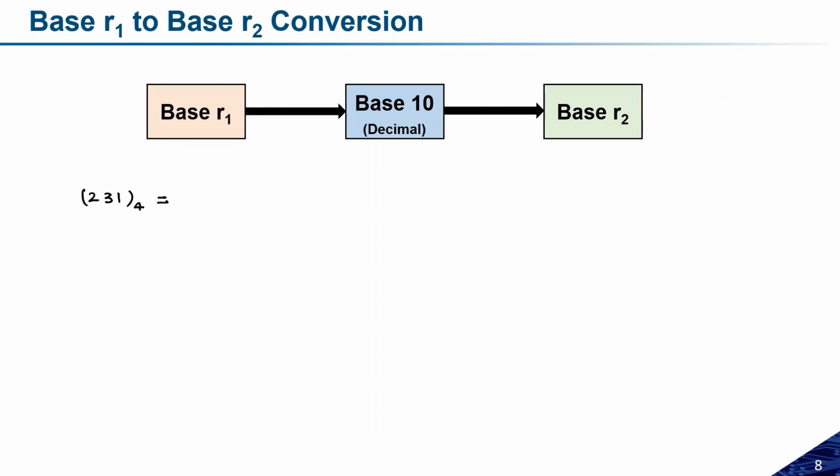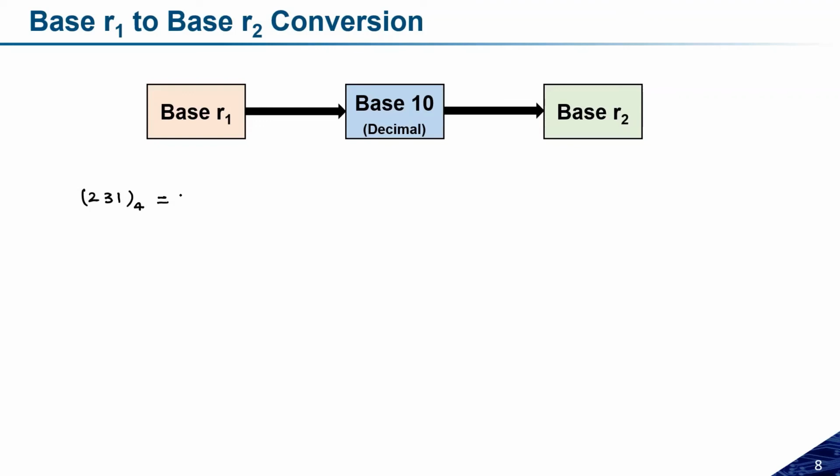Can anyone tell, is this a valid number system representation? Is this valid? Yes, sir. Perfect. Why? Because till 3 it is valid for base 4. Yes, perfect. So the range of the symbols will be from 0 to 3, so 0, 1, 2, 3. So this number is valid.